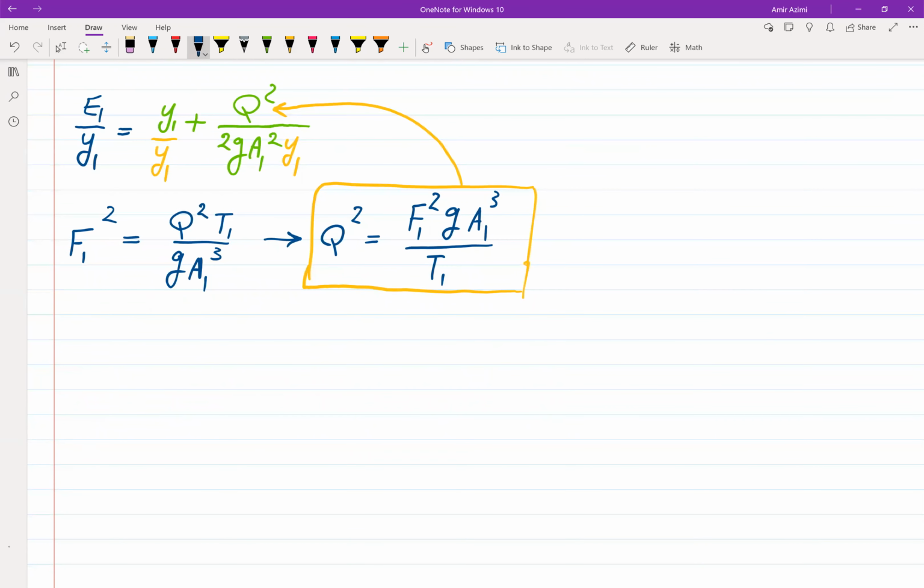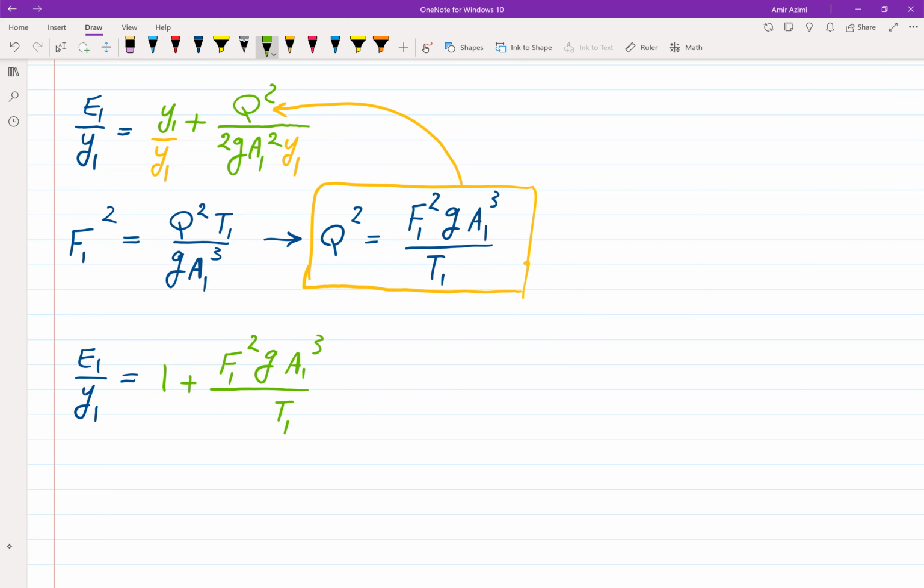then I will have E1 divided by Y1 is equal to, so Y1 divided by Y1 is equal to 1 plus, instead of Q squared, I put Froude square G A to the power of 3 divided by T1.